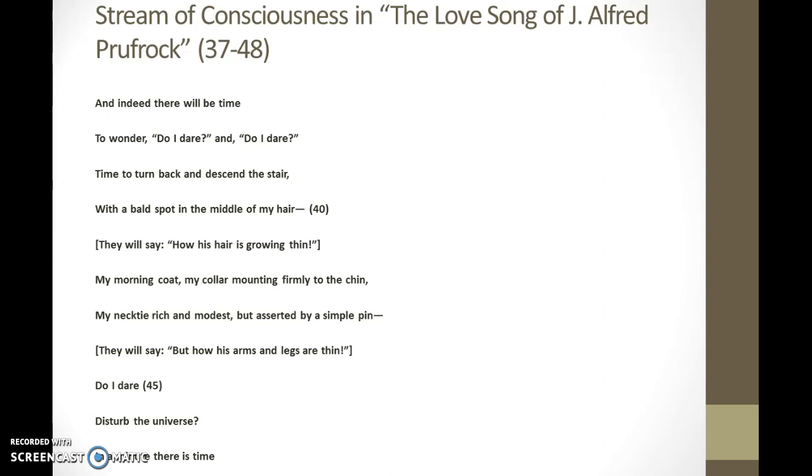Well, due to the time limit, I cannot go into detail of this poem, but I think it's at least interesting to know that Prufrock himself here is fragmented. We do not have a complete image of him, but half an image of his morning coat and the collar button to his chin, a modest necktie, and thin arms and legs. Here the bald patch implies that he is middle-aged, but it is more given as a symbolic measure of his embarrassment and nerves than it is as a physical descriptor.